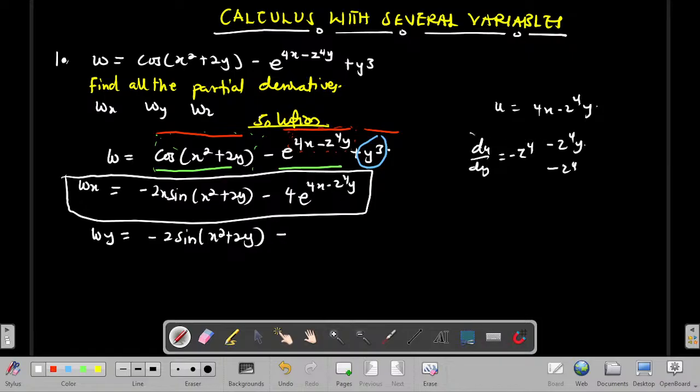Understand this. Once you get this, then you realize that we have negative minus z.